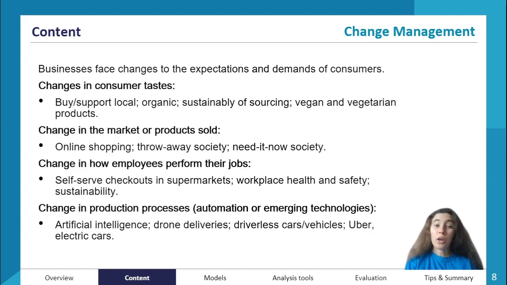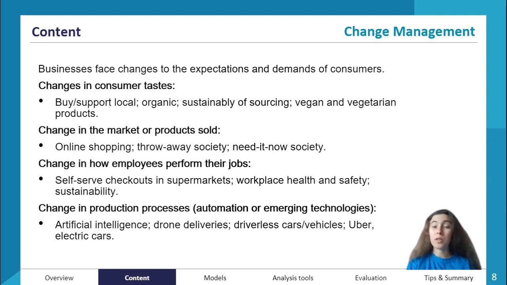So there's a whole bunch of different things that businesses face in terms of change. The expectations and the demands of consumers are constantly changing as our society changes. So things like consumer tastes, we are increasingly concerned with things like supporting local suppliers, buying Australian as well, or buying in our local community. There's a shift towards sustainability.